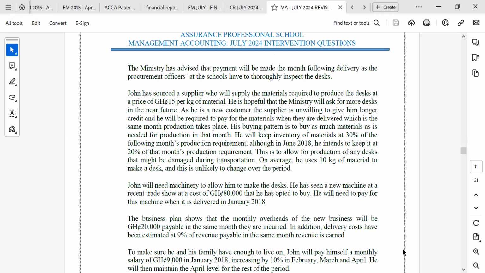The business plan shows that monthly overhead of the new business will be what? 20,000 payable in the same months they are incurred. In addition, delivery cost has been estimated as 9% of revenue payable in the same month revenue is earned. So let's count to the overhead. So the overhead can be rent and those things.